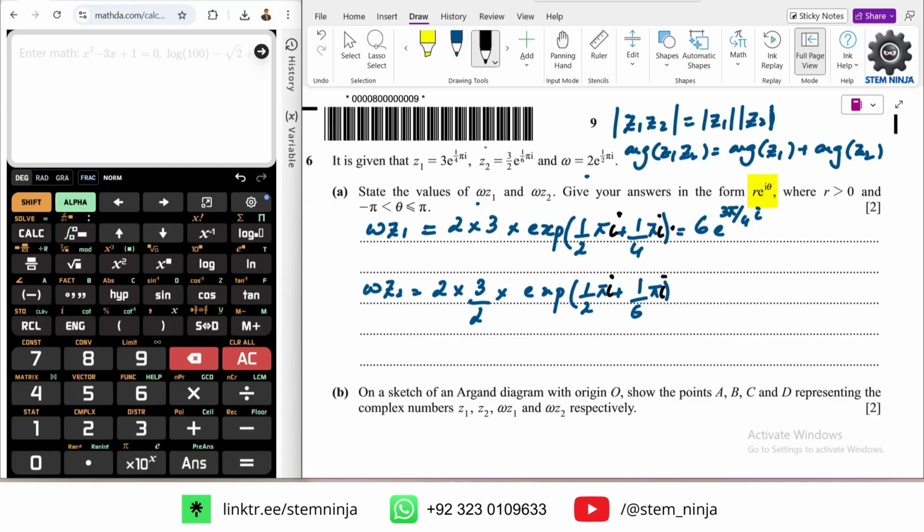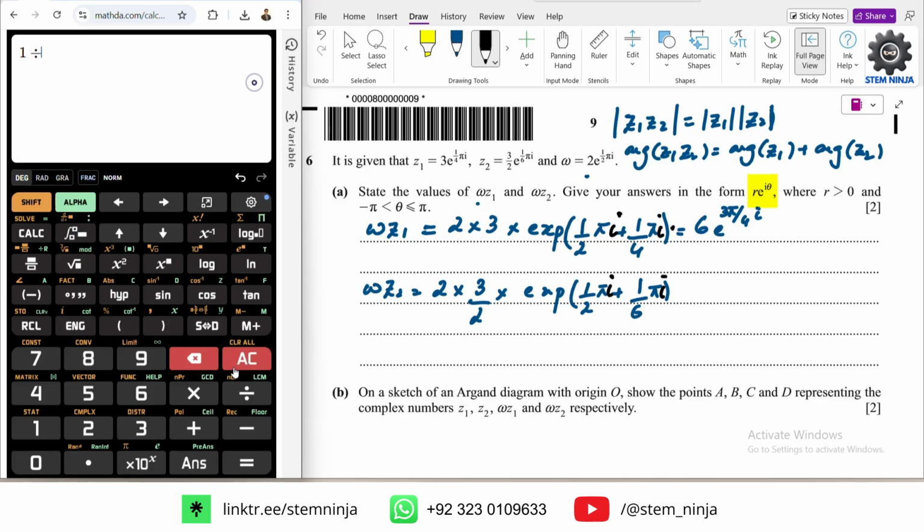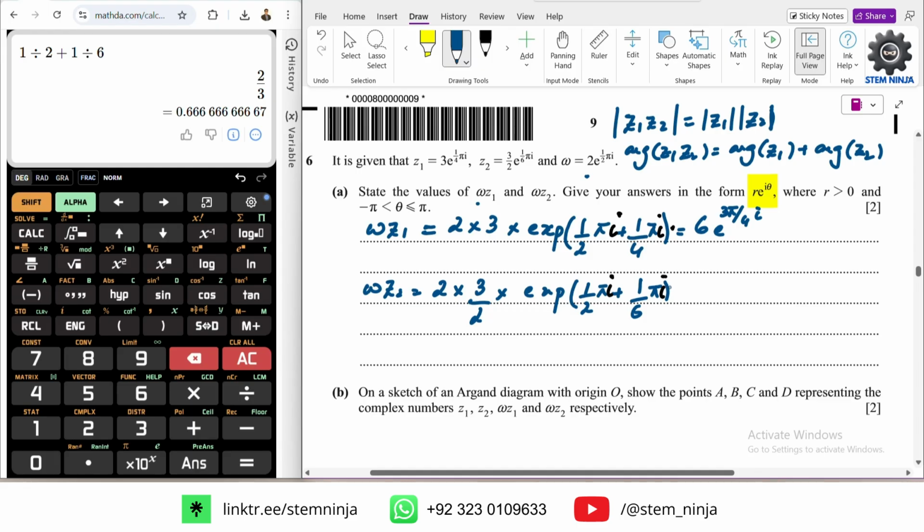So 1 divided by 2 plus 1 divided by 6, sorry, 2 by 3. So this is 3 e raised to power 2 pi by 3 I.